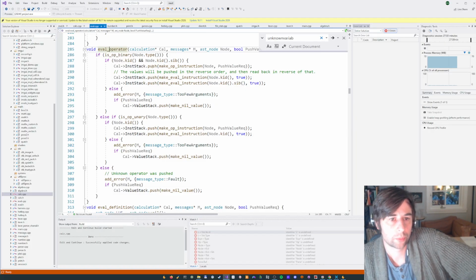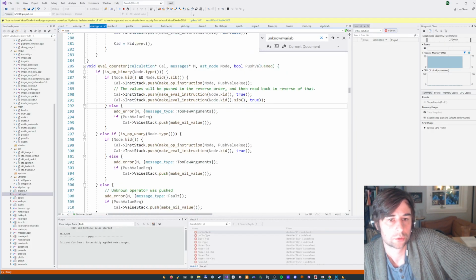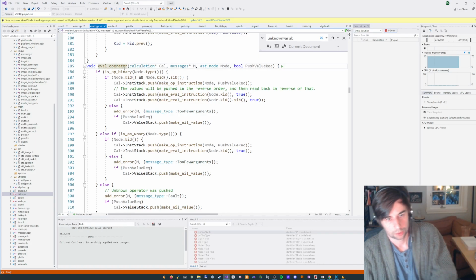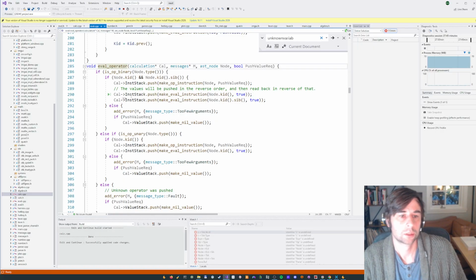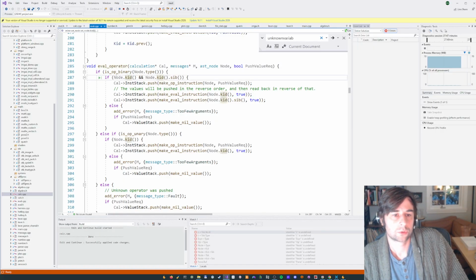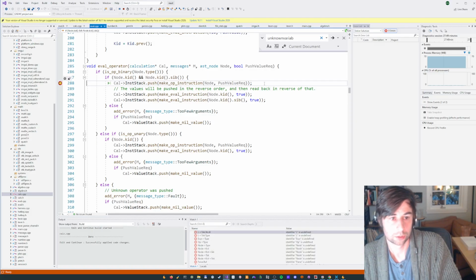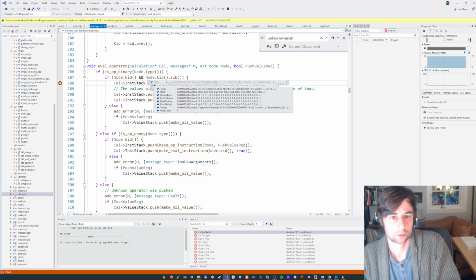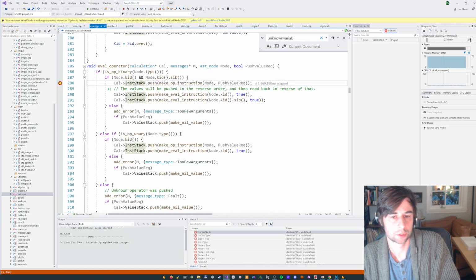Okay, so if I have an operator, this is what evaluates the multiply. So if there's a kid and then another kid, so this ought to be, I see.